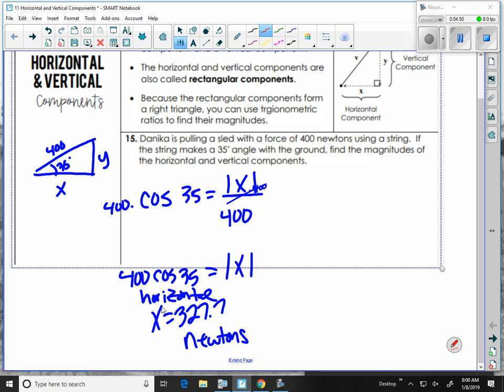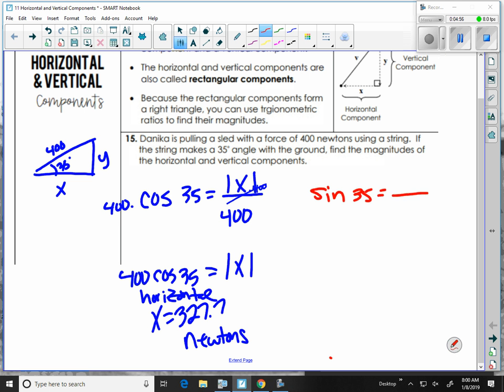Okay, I'm going to go ahead and do the sine. All right, so sine of 35. Sine is opposite over hypotenuse. What's opposite of our 35 degrees? y. So we're going to do y over the hypotenuse of 400. Same deal, you're going to multiply both sides by 400, get that y by itself.